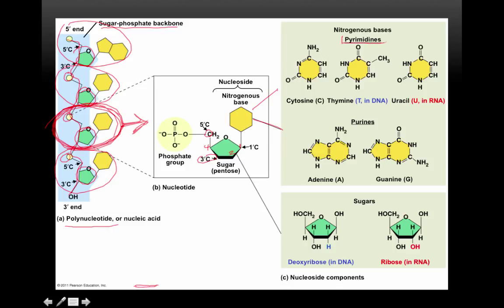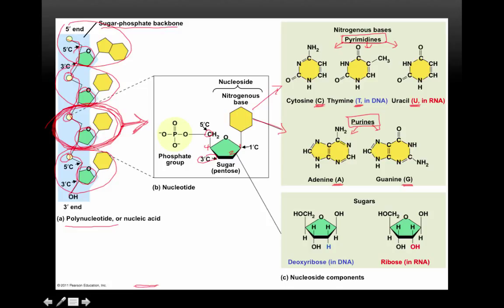Bases can be called pyrimidines, or they can be called purines, and it depends on their ring structure. Pyrimidines have a single ring structure, and these include cytosine, thymine, and uracil, C, T, and U. Purines have a double ring structure, and they are adenine and guanine. So every nucleotide has one of these bases attached to it.